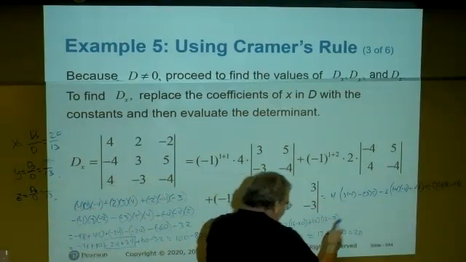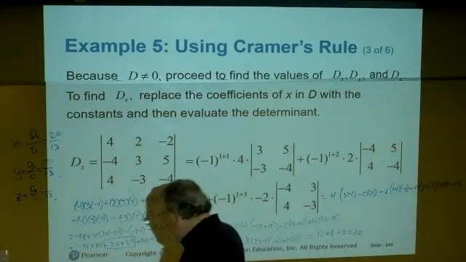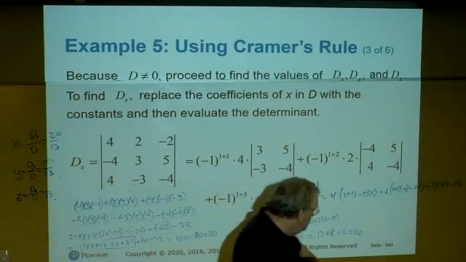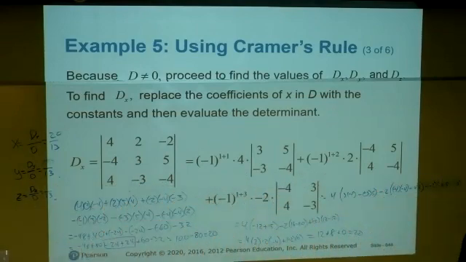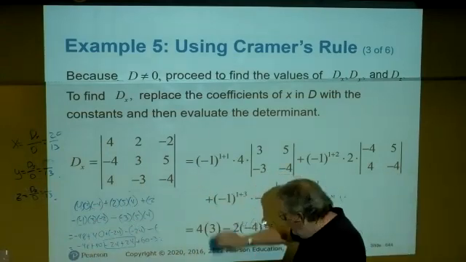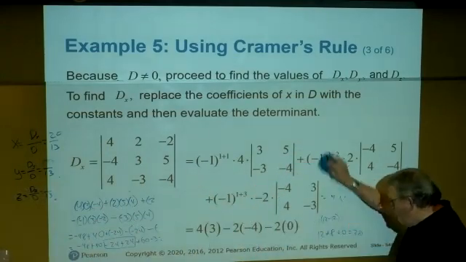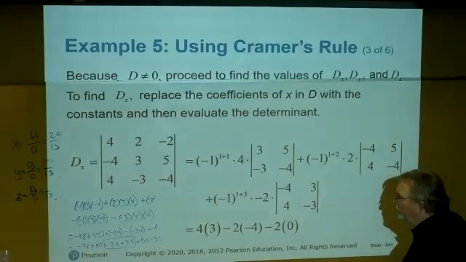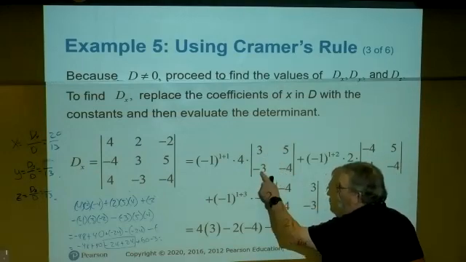I like to write it down, showing all the operations I'm doing. So I go back and review what I did to make sure I got the right number. Three times negative 4 is a negative 12.